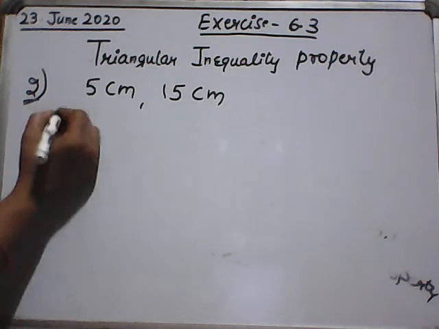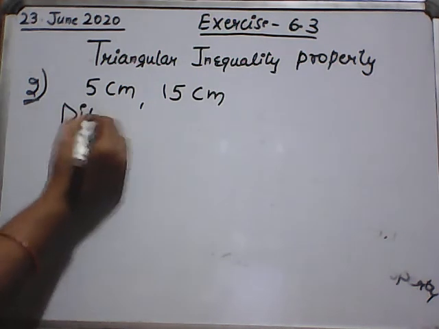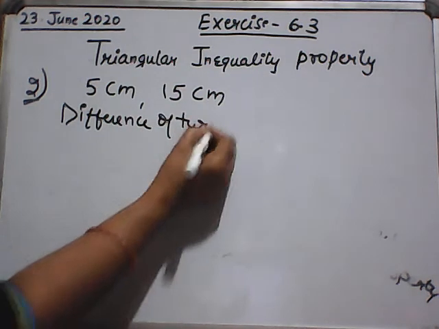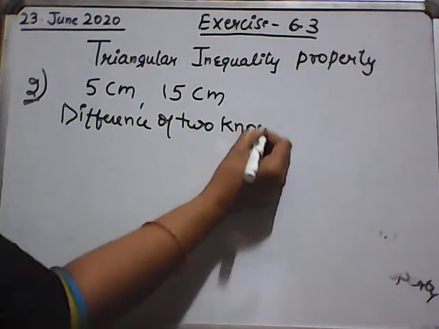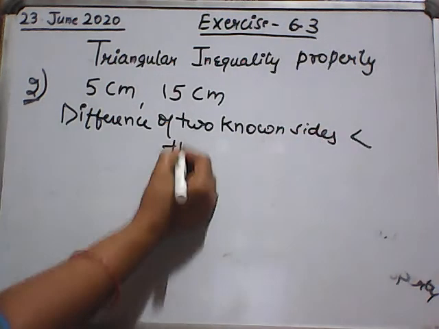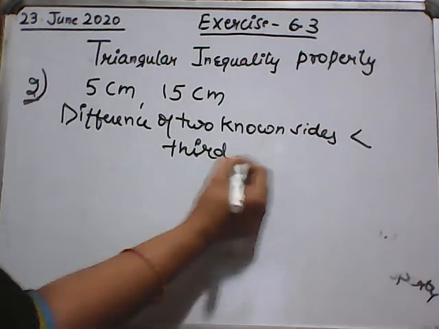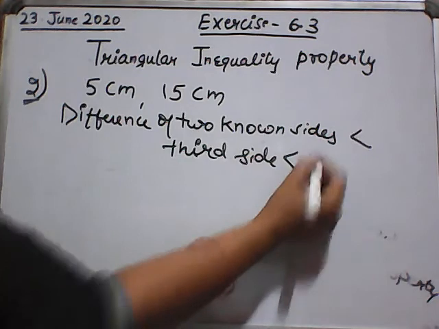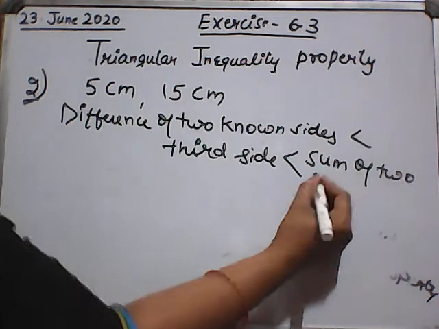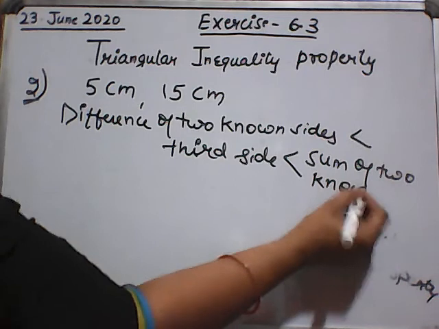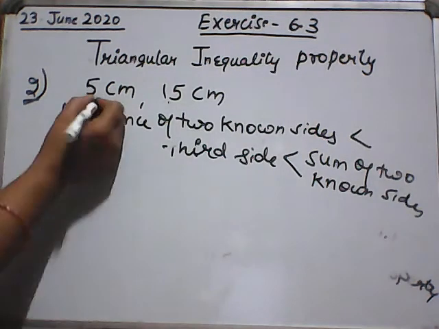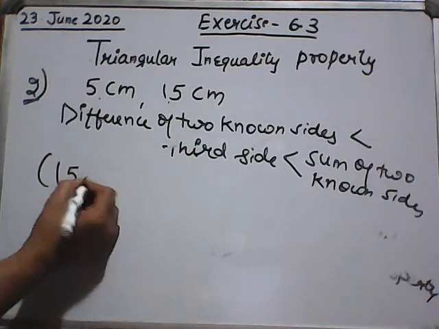We know the formula, or you can say rule: the difference of the two known sides is less than the third side, which is less than the sum of the two known sides. Now what is the difference of the two known sides? 15 centimeter minus 5 centimeter.